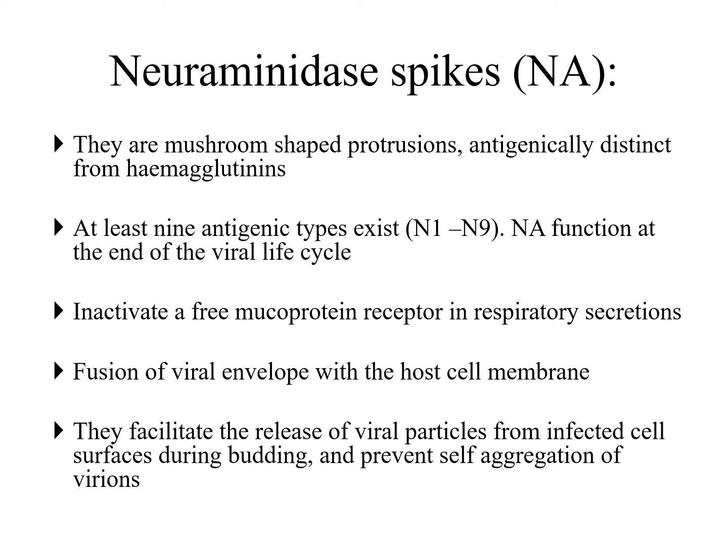If we use the neuraminidase blockers, oseltamivir and zanamivir, we are going to decrease the amount of virus released from the cell, and thus make the virus less infectious to the nearby cells.